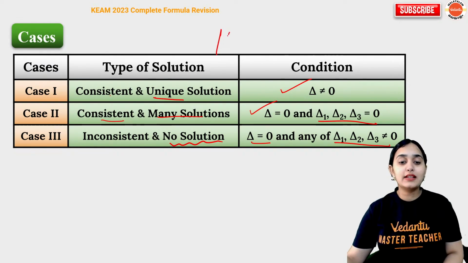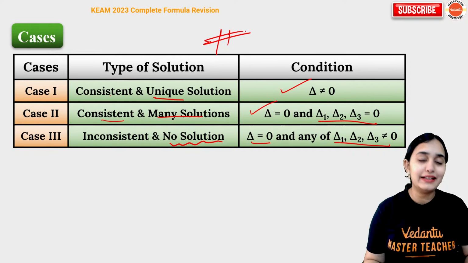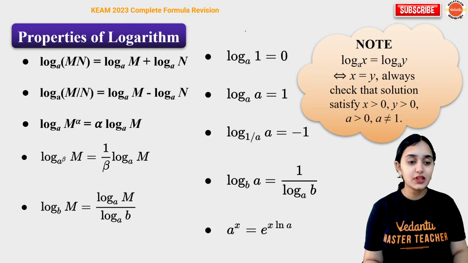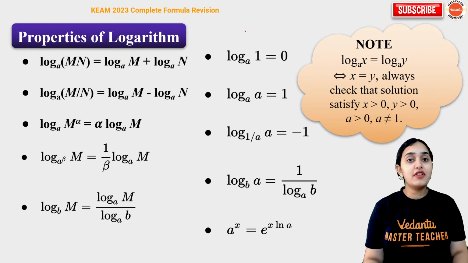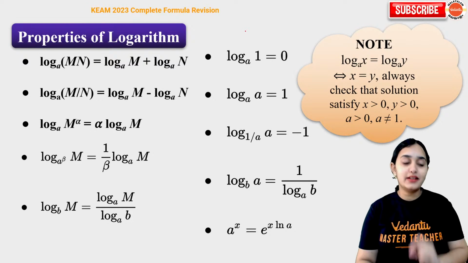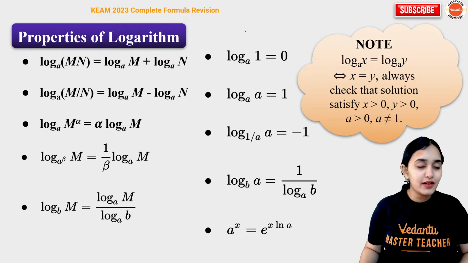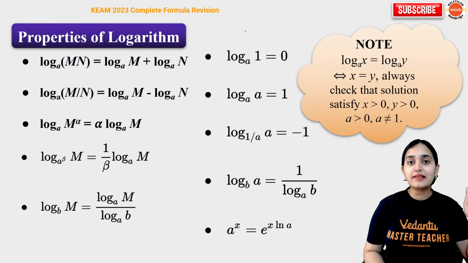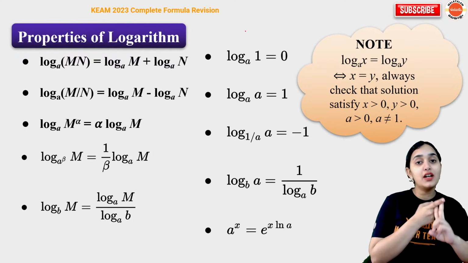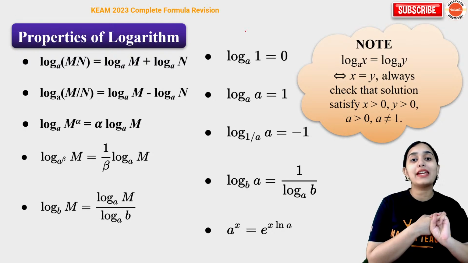Remember, this is important. They ask it in the Keam exam. Alright, so we have revised matrix and determinant. From matrix and determinant, majorly they will ask about adjoint, inverse and system of equations.